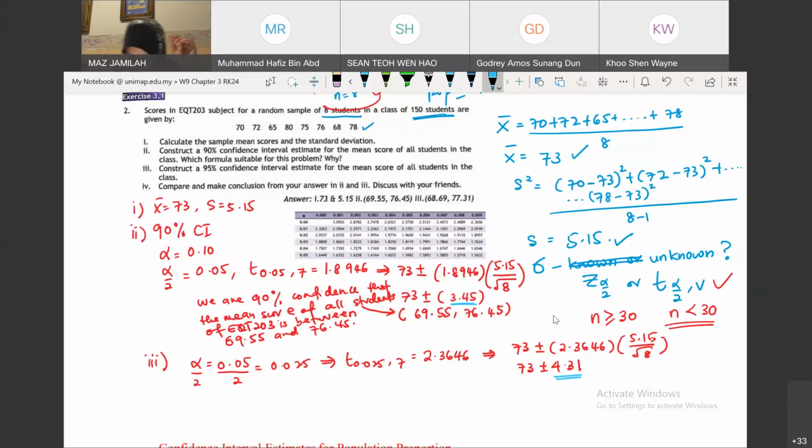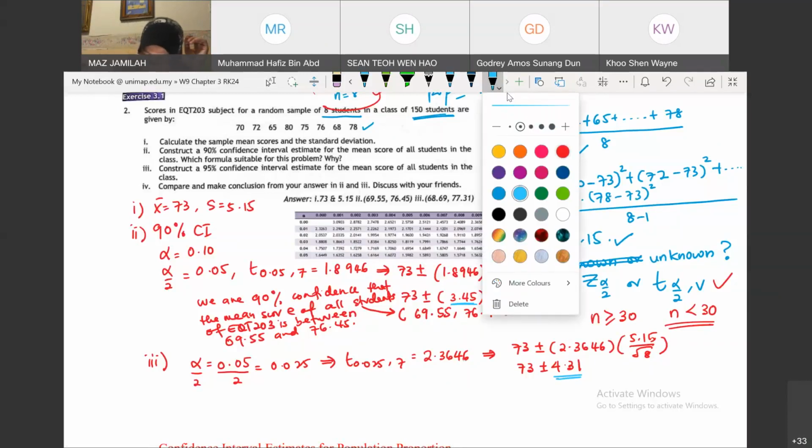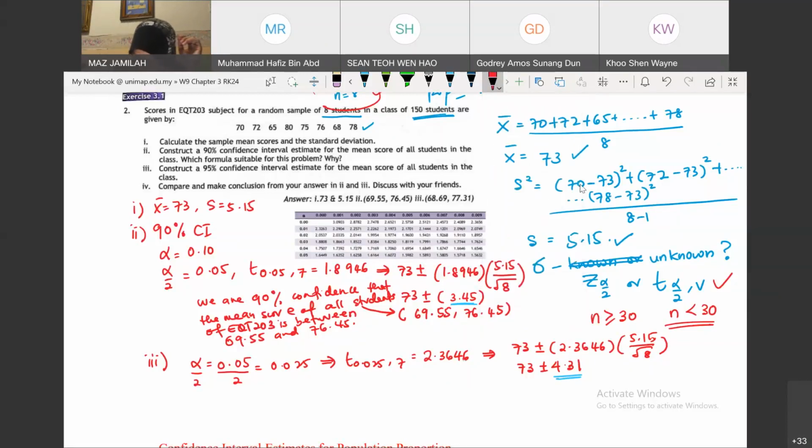Calculate, then you will get, sorry, I continue here because of limited space, 73 minus 4.31, so you will get 68.96, until 73 plus 4.31, 77.31.